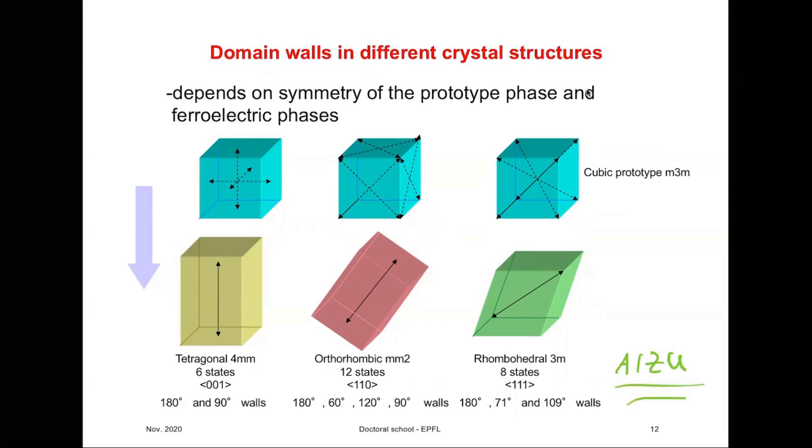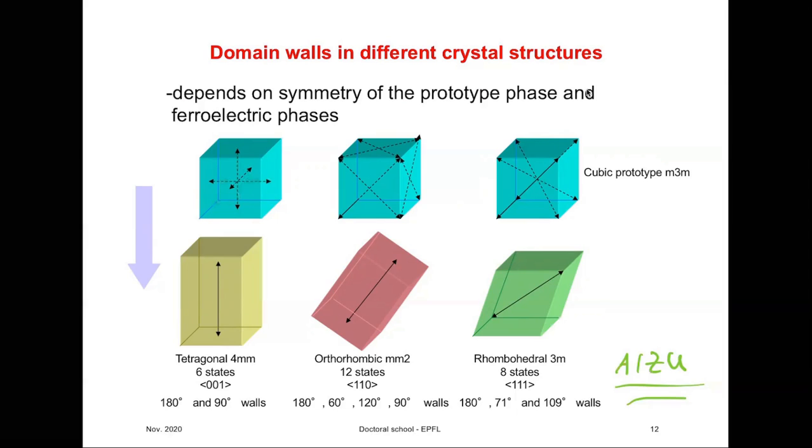So if you look at a cube here, we are looking at different symmetry elements, and we see that we have these along the crystallographic axis.